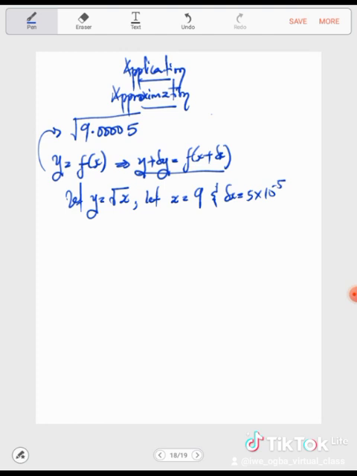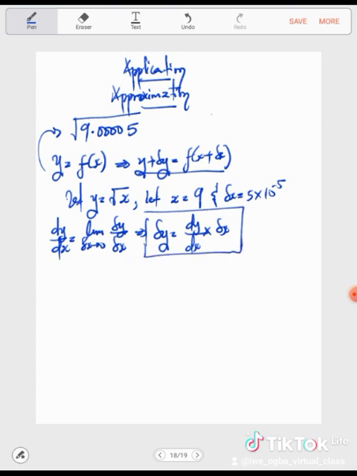Now recall we also derived that dy/dx is the limit as Δx approaches 0 of Δy over Δx. So I can have Δy approximately equal to dy/dx multiplied by Δx.